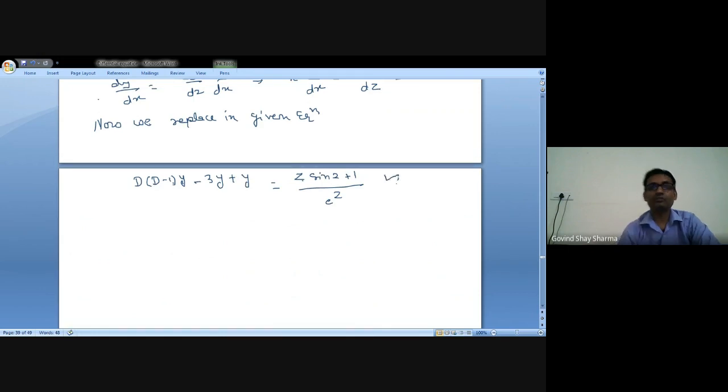Simply we replace x by e to the power z and log x is equal to z.